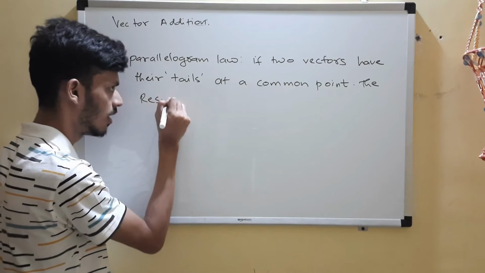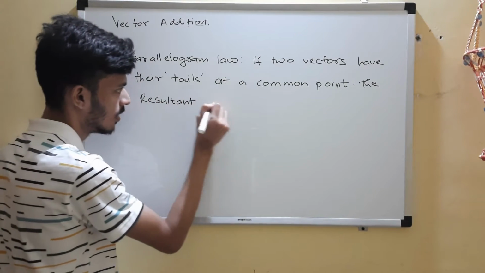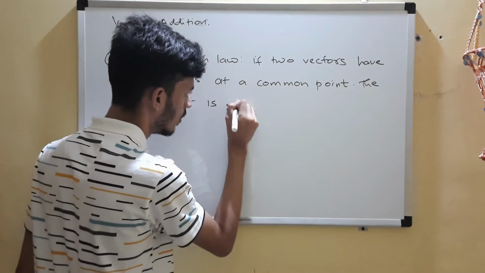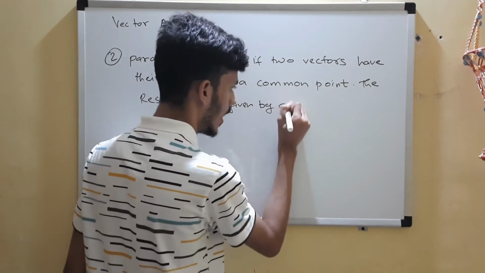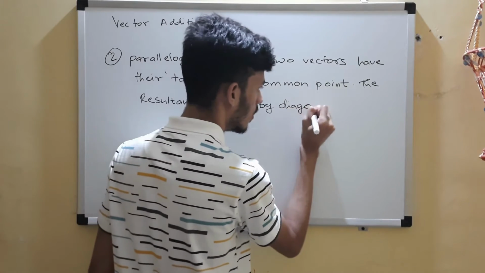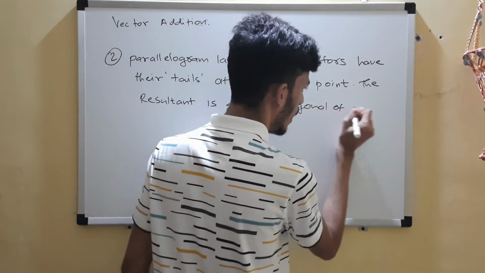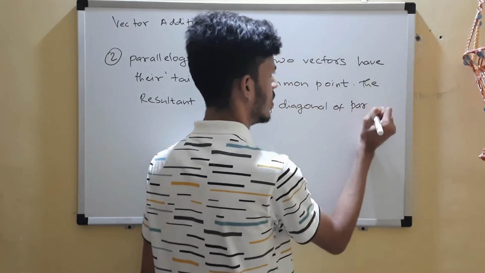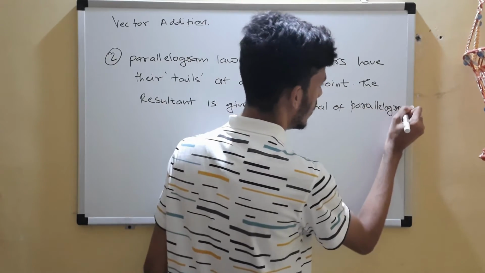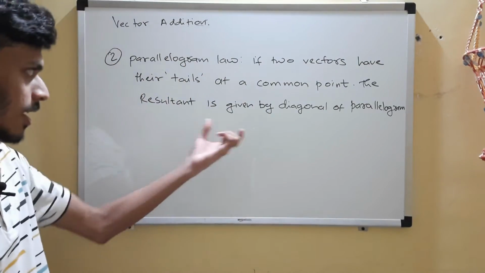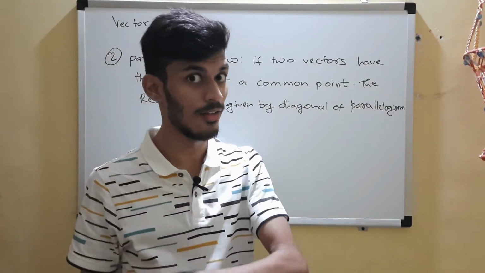So their resultant is given by the diagonal of a parallelogram. Where is the diagonal? Where is the parallelogram? I'll tell you, just note it for now. The resultant will be a vector, right?